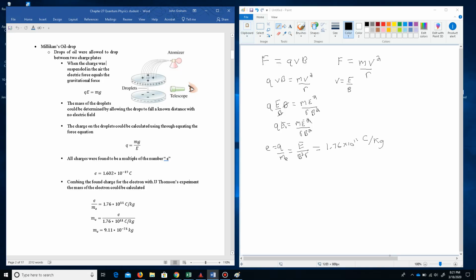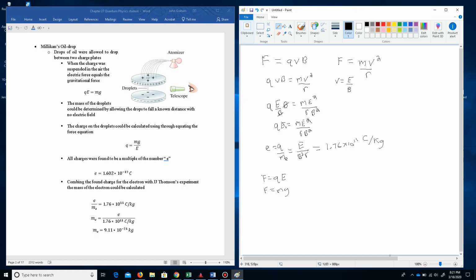If we think about this, as these oil drops are falling, they are going to have some charge on them that goes with this force. This is just the electrical force, it's QE, and then the gravitational force is pulling it down, that's mg.